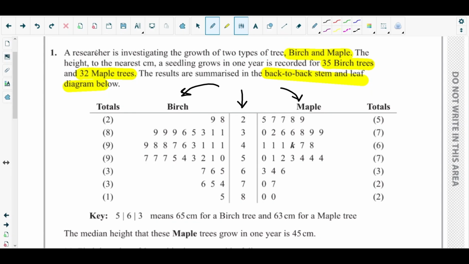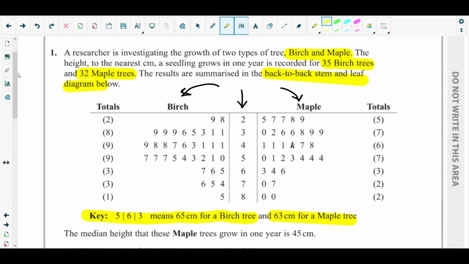You interpret it with the help of the key. The key says 5 | 6 | 3 means 65 centimeters for a birch tree and 63 centimeters for a maple tree.